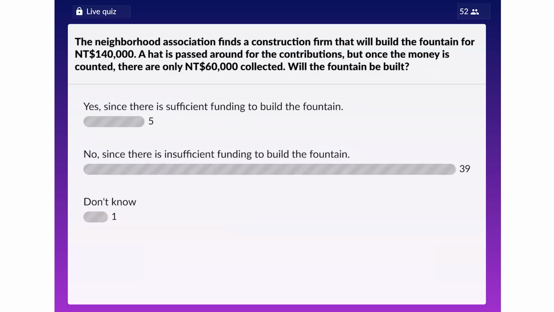So the majority said no, since there's insufficient funding to build the fountain, and that is the correct answer.